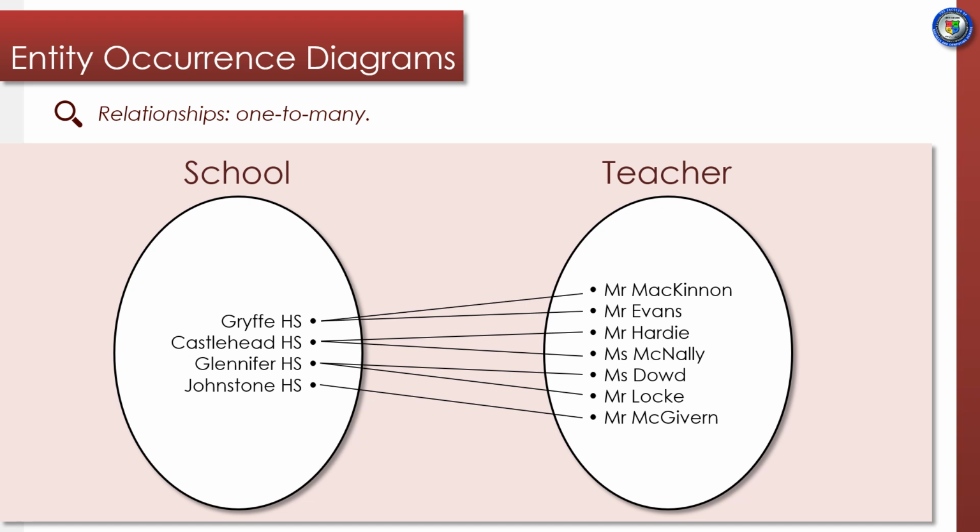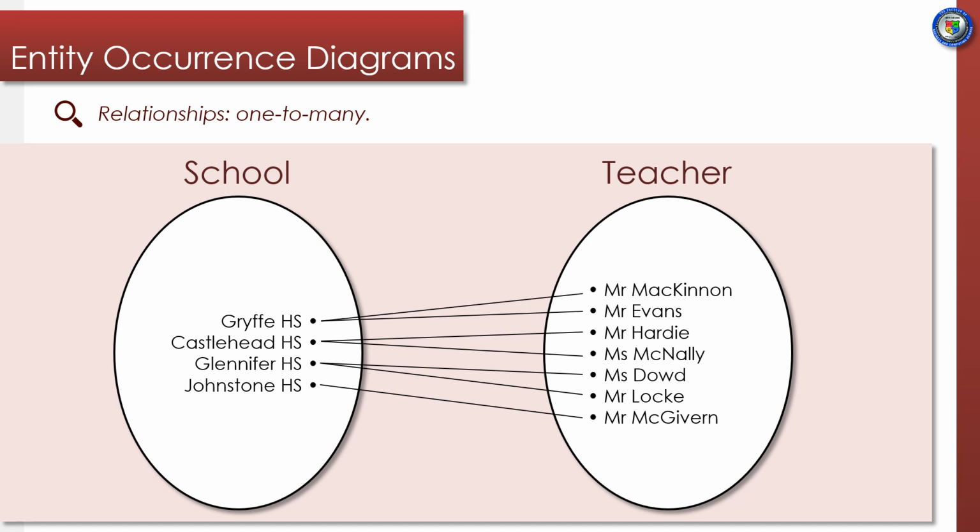Really important to note that we only need one of the occurrences of the school entity to have multiple relationships for it to be a one-to-many relationship between the entities.